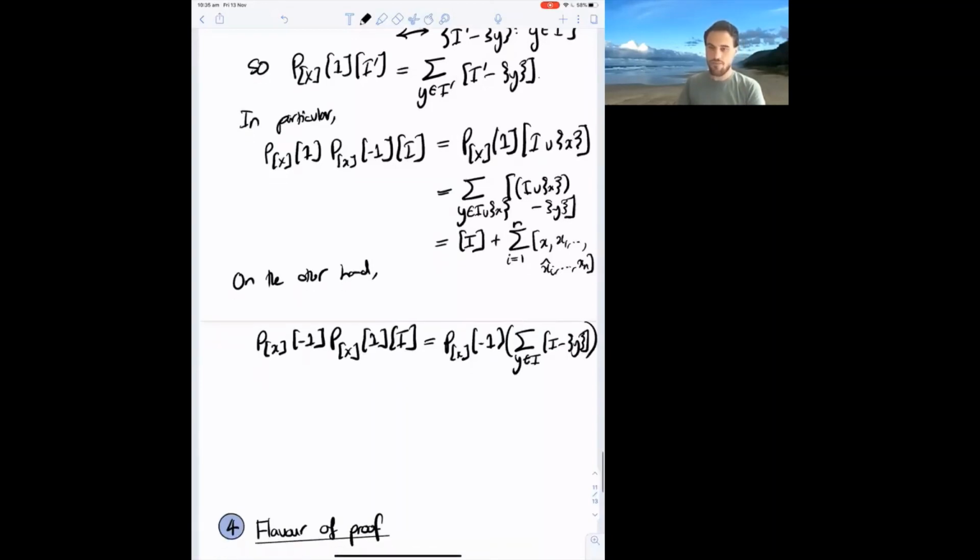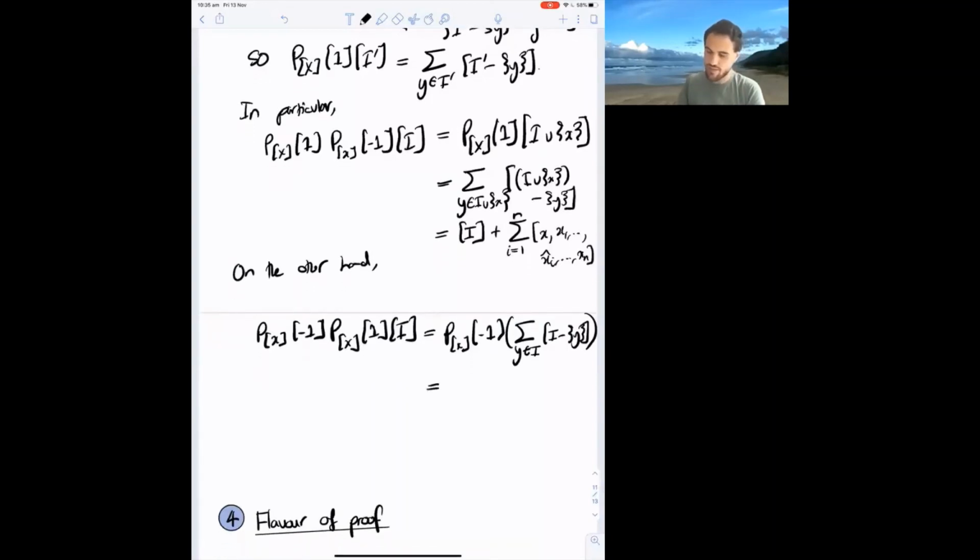Okay. And then we look at the situation where we add a point to each of these things, because that's what this operator does. This adds a point. We have I minus y, take a union with x.